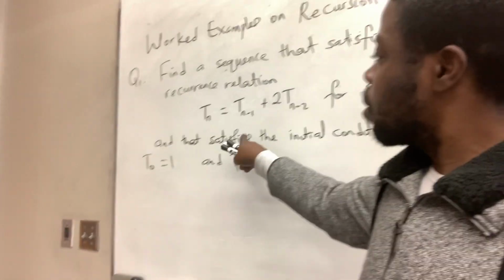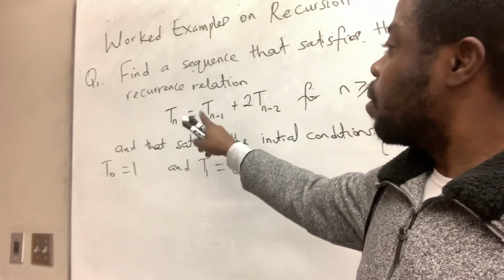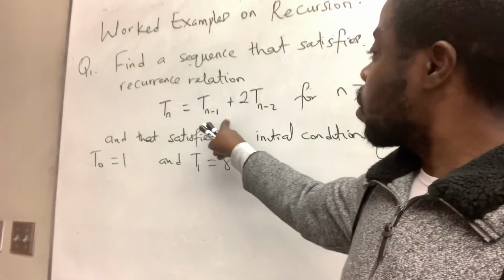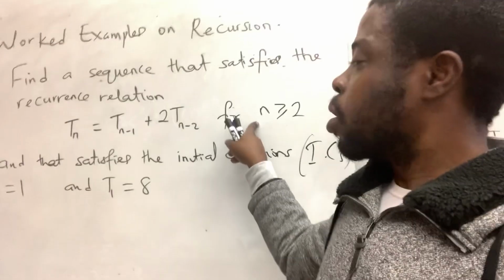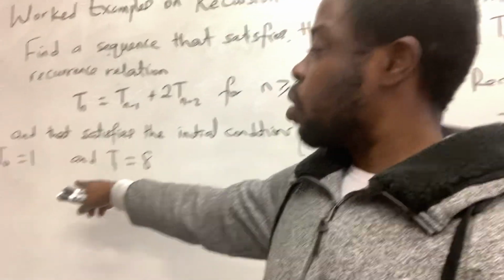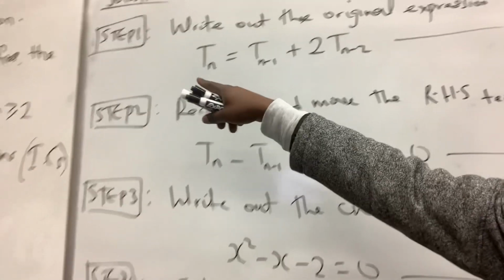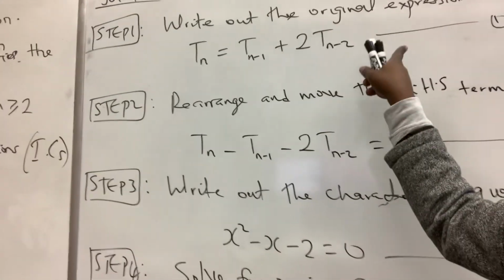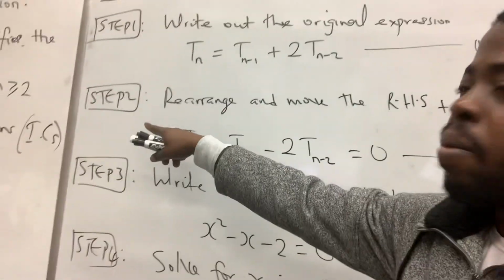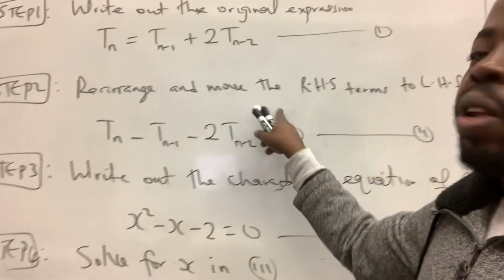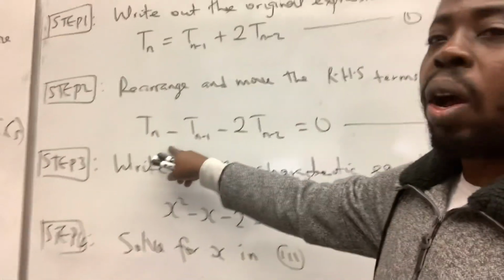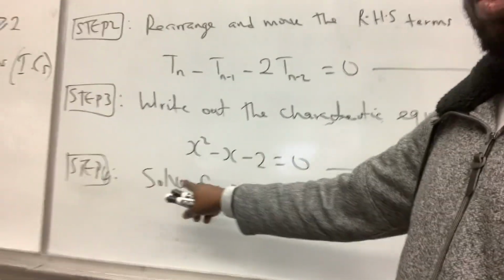You have Tn equals Tn minus 1 plus 2Tn minus 2, based on these two initial conditions. Once again, the steps are these. Step number 1, write out the original expression. Step number 2, rearrange and move the right side to the left side. Step number 3, write out the characteristic equation and solve it.